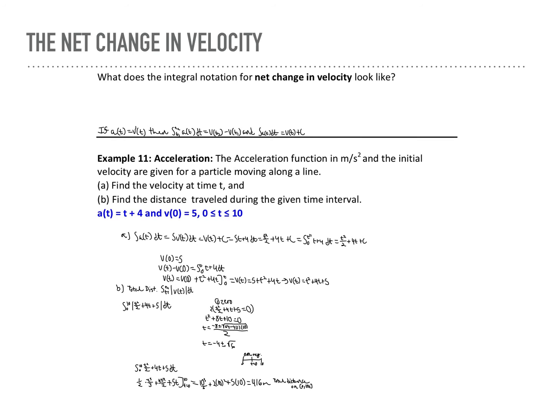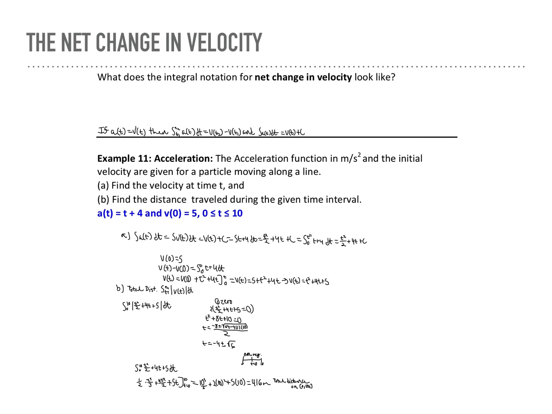So for an example of using this, the acceleration function in meters per second squared and the initial velocity are given for a particle moving along a line. First we'll find the velocity at time t.